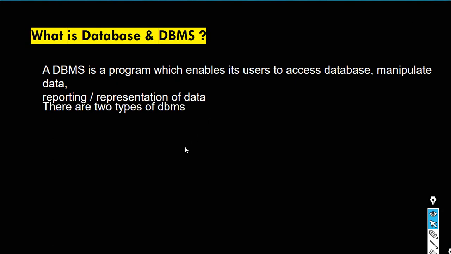There are two types of DBMS. One is relational, another one is non-relational. The DBMS allows users to securely access the data in an RDBMS system. You might be asking, why do I need a database management system?